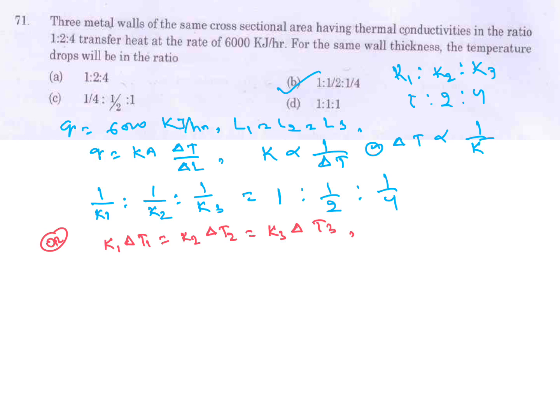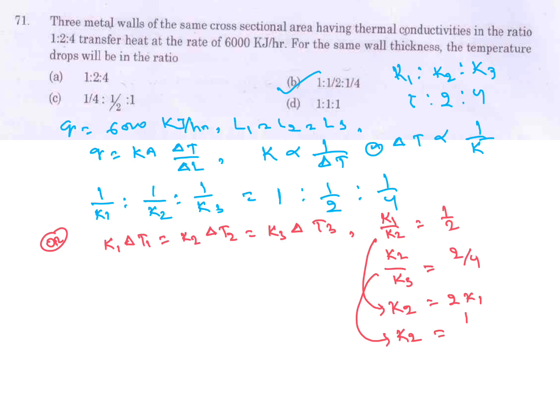Here K1 by K2 is 1 by 2, K2 by K3 is 2 by 4. From here K2 is 2K1, from here K2 is K3 by 2.